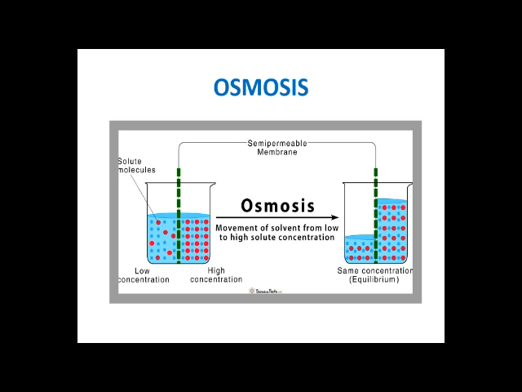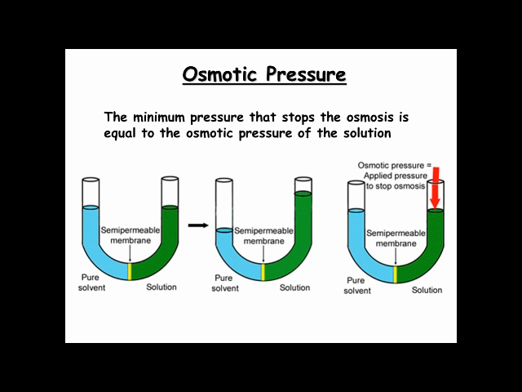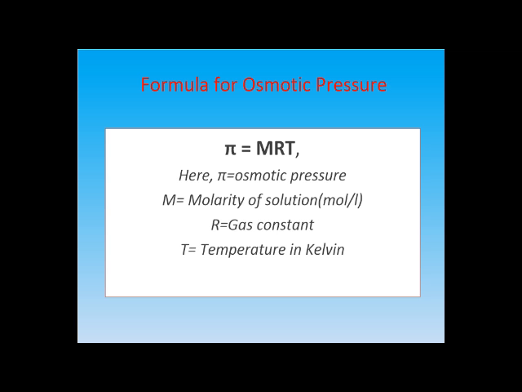And what is osmotic pressure? The pressure applied against osmosis is known as osmotic pressure. The minimum pressure that stops the osmosis is equal to the osmotic pressure of the solution. And the formula for osmotic pressure is pi equals capital M RT.